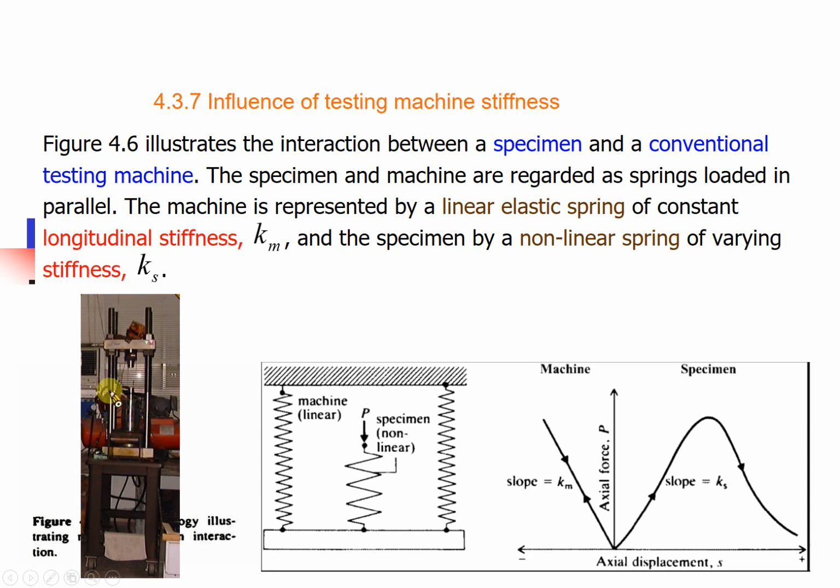If you have a specimen here, then you have a hydraulic jack here. You pump oil to the hydraulic jack, and this part will elevate. You have a specimen here, and when it elevates, it keeps rising up.